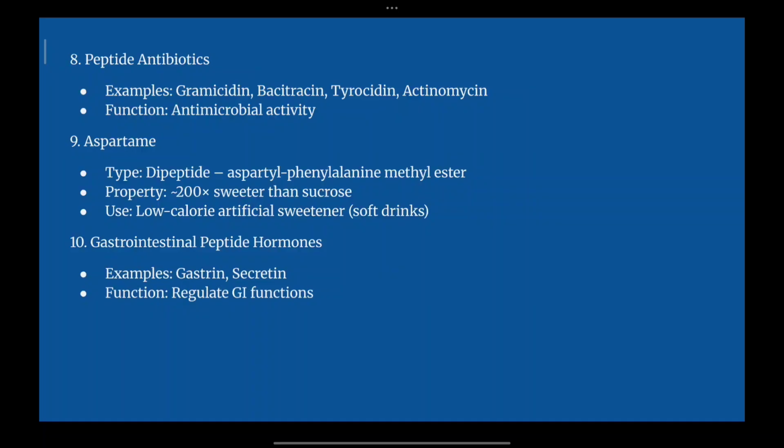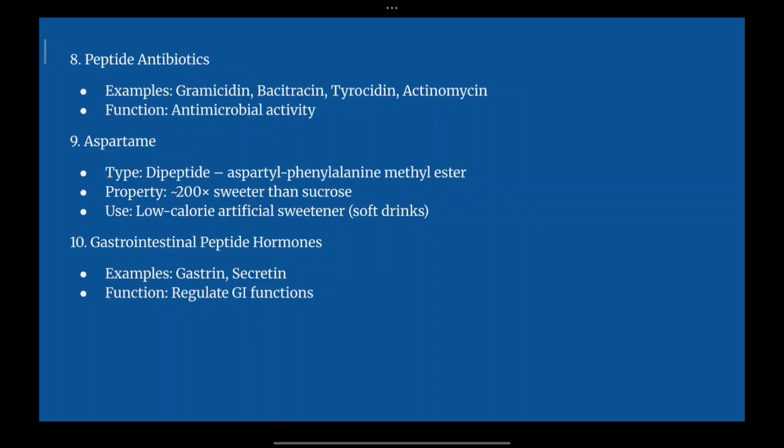So you can see whenever you drink Coca-Cola or Pepsi, they are going to have a low calorie artificial sweetener, because this aspartame is approximately more than 200 times sweeter than the natural sugar that is obtained.